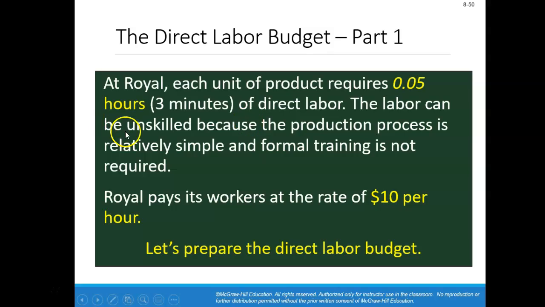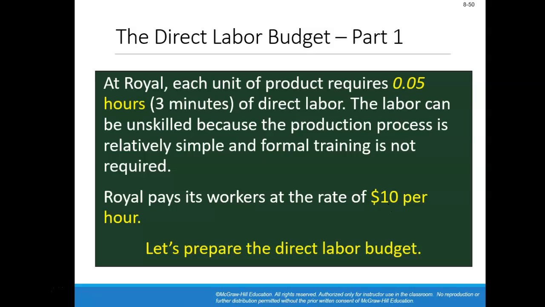The labor can be unskilled because the production process is relatively simple. But keep it simple. So we're saying that each unit requires only 0.05 hours, which is 3 minutes, and the rate of pay is going to be $10 per hour.